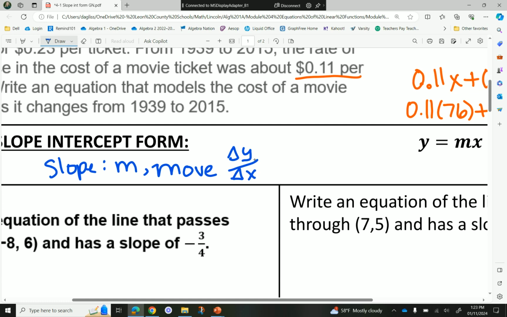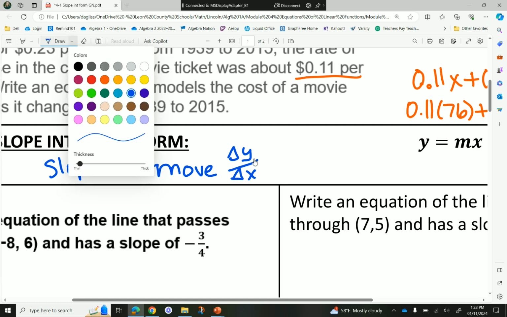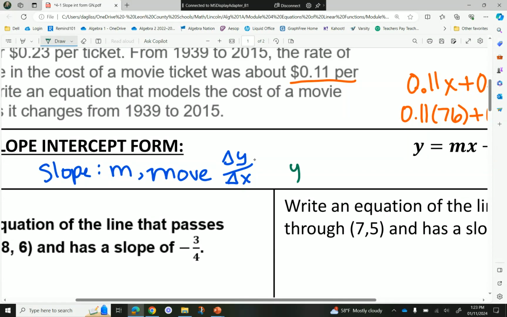And our y-intercept is where we put the b value because it's where we begin our line on the y-axis. That's usually the first point you plot, and then the slope is how you move from that point.